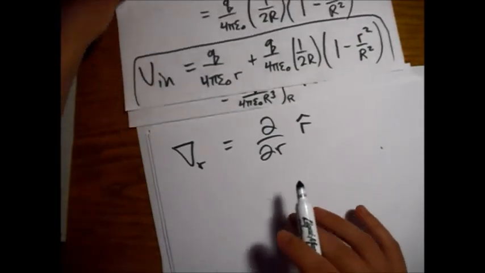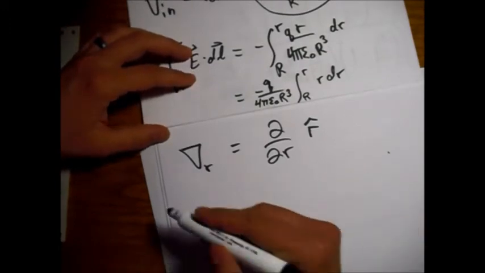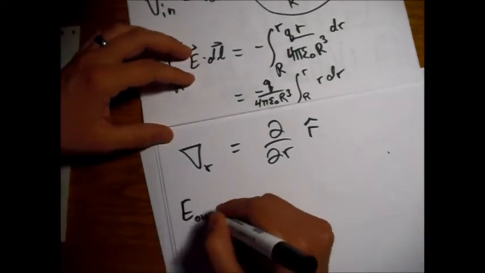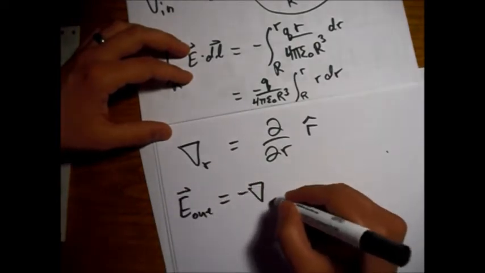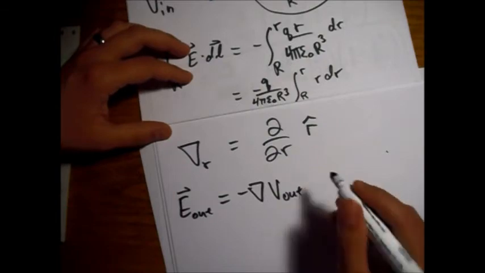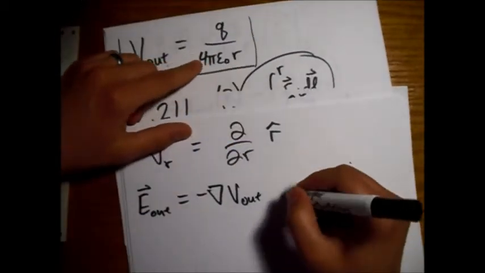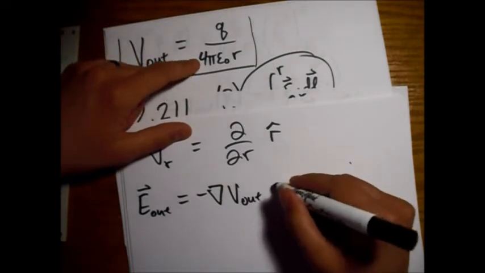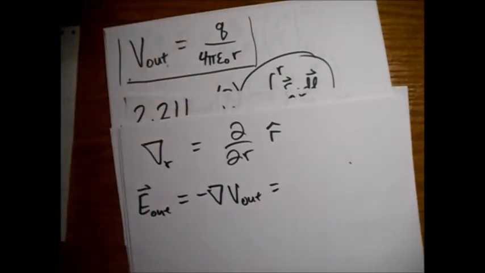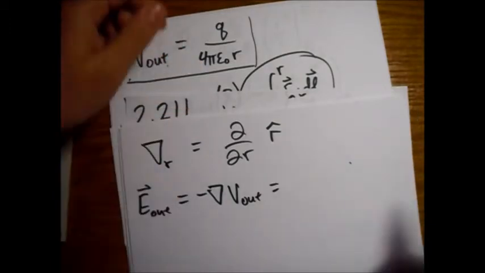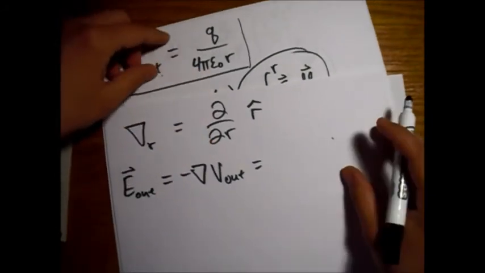All right, let's do the outside first. So E out should just be equal to the negative gradient of V out. All right, and when we take the gradient of, let's see, I'm pretty much out of memory on my memory card, so just go till it runs out and then edit in the rest of the video.